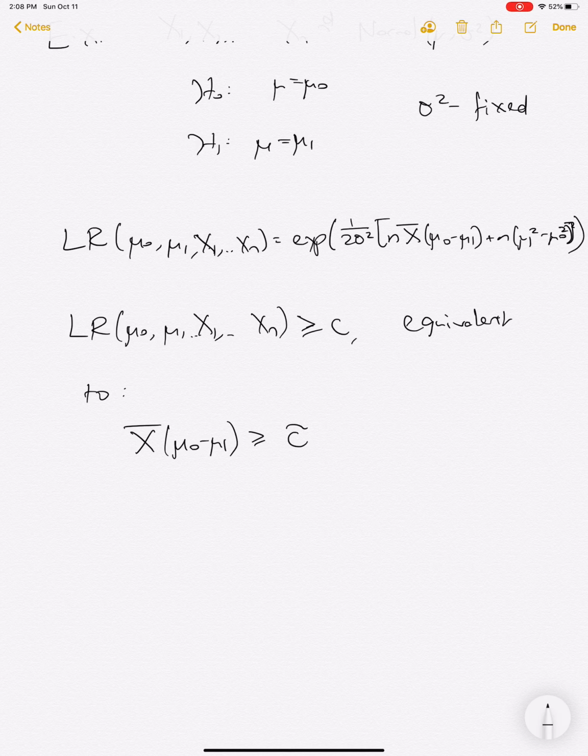This is a different C, obviously, but those two are equivalent.